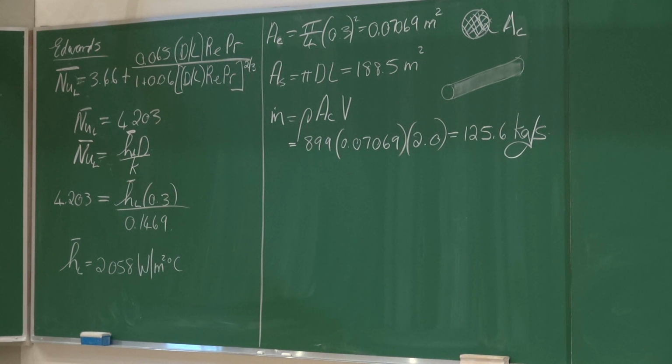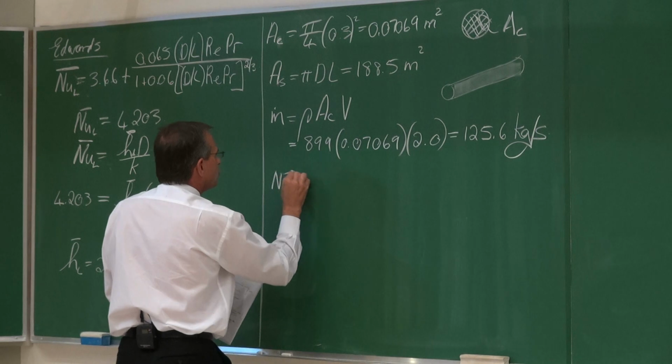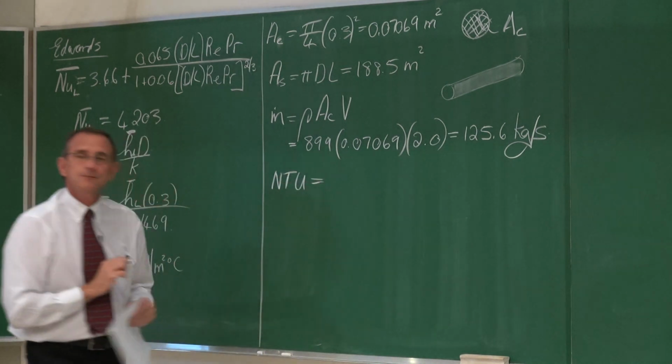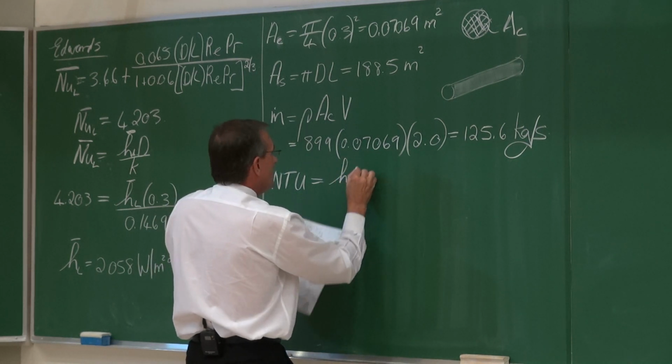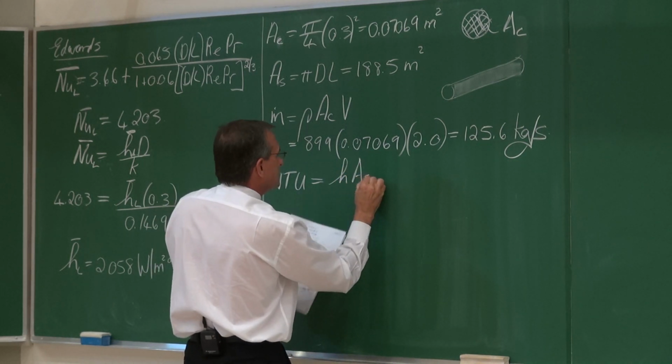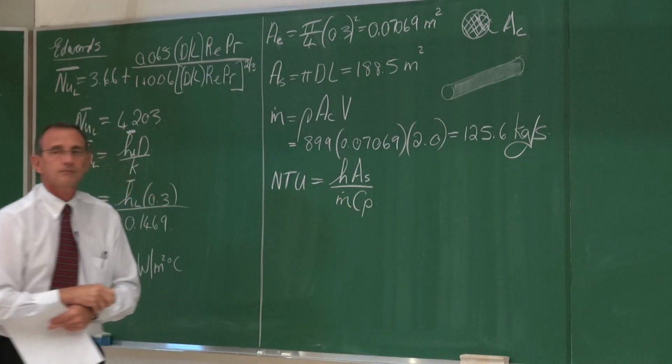Okay, just a few simple calculations, and you're going to see just now why we're going to use them. Right. Something that we discussed last week is the number of transfer units, the NTU. I hope you remember. The number of transfer units is equal to the heat transfer coefficient multiplied by the surface area divided by the mass flow rate and the CP.